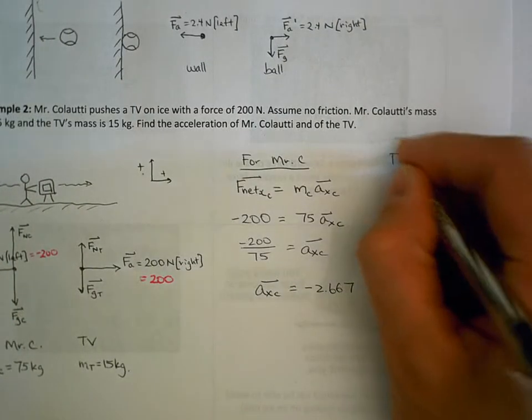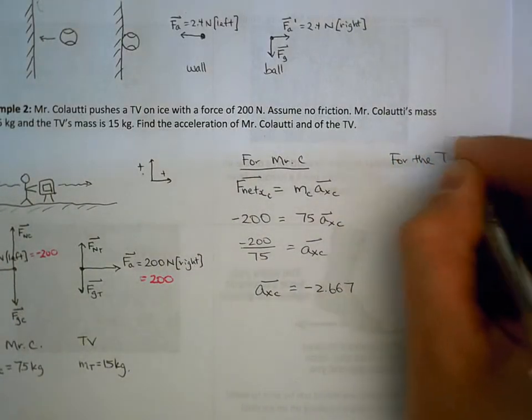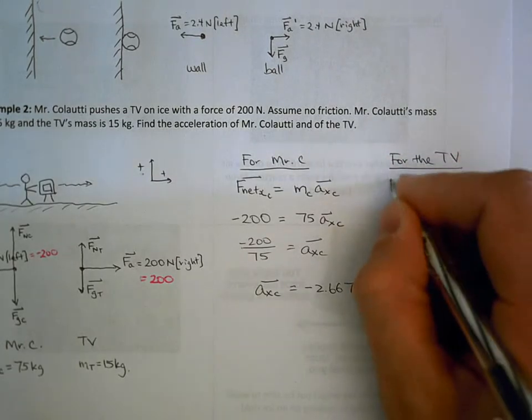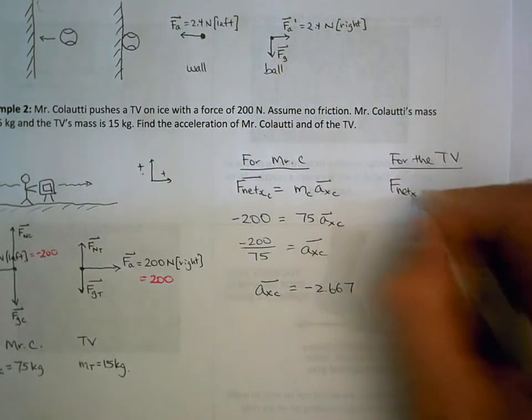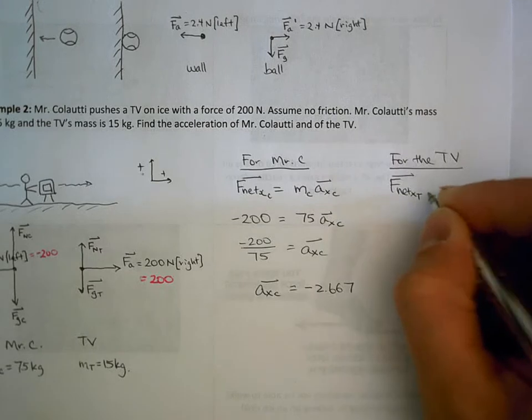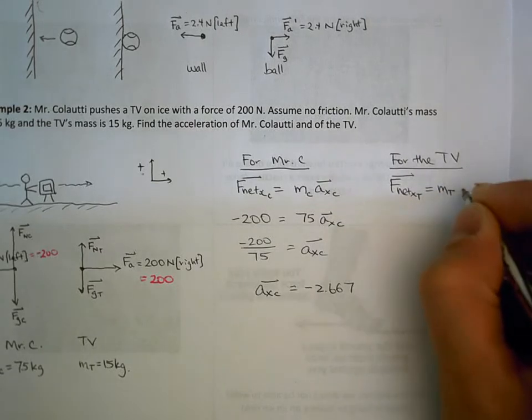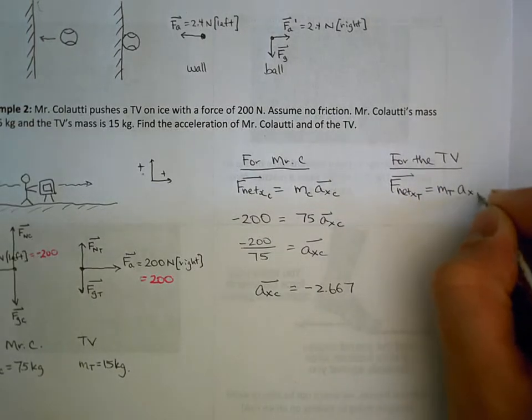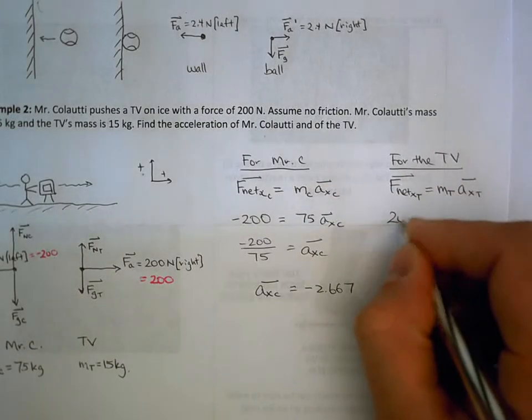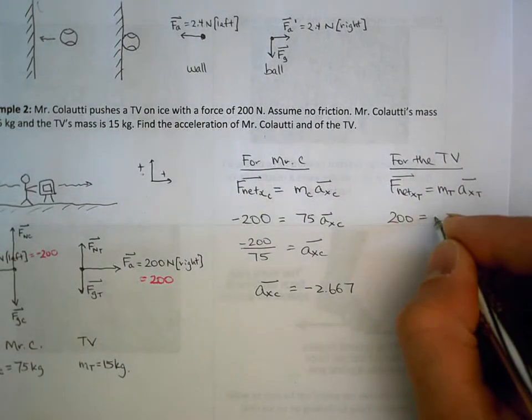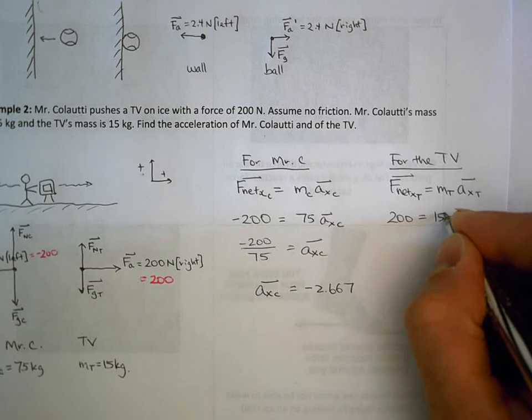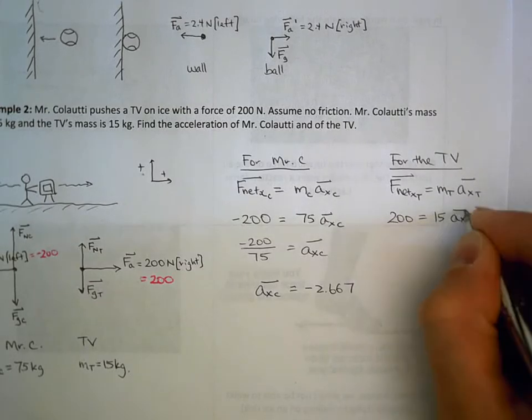Similarly, for the TV, I add up all of the x direction forces for the TV, and that's equal to the mass of the TV times the acceleration in the x direction of the TV. I get positive 200, the mass was 15, and the acceleration is what we're solving for.